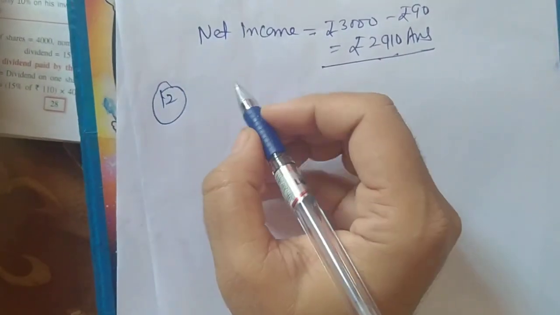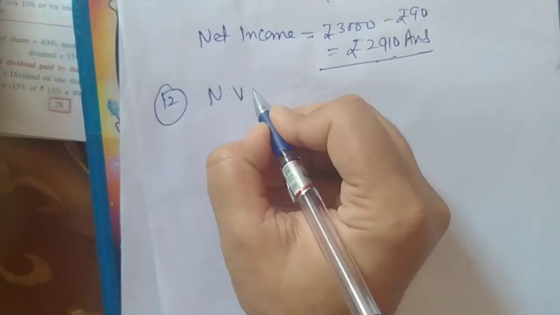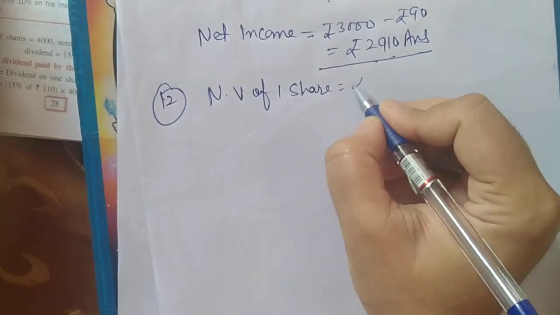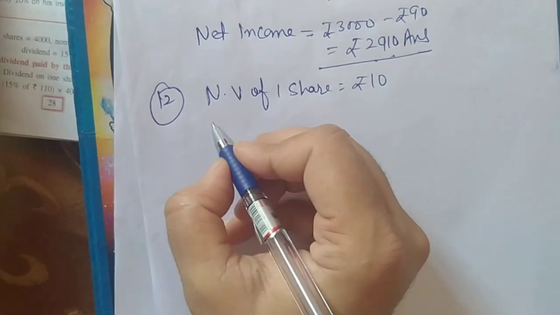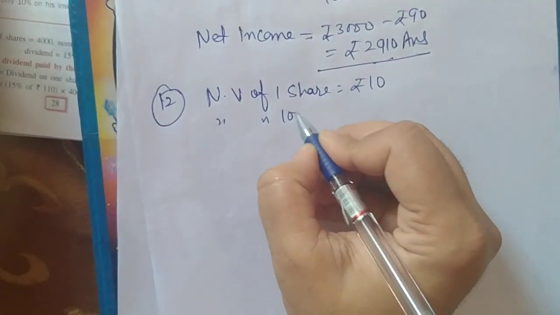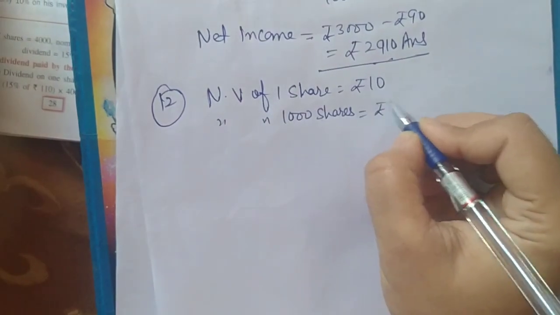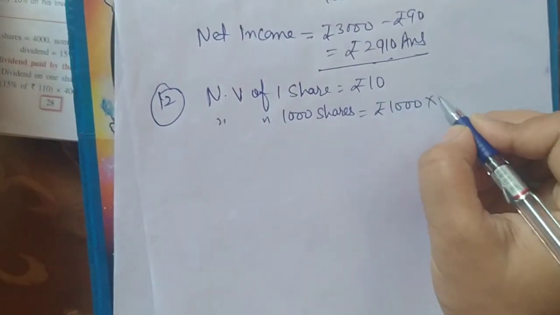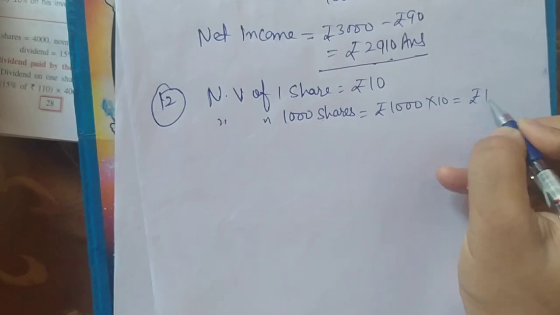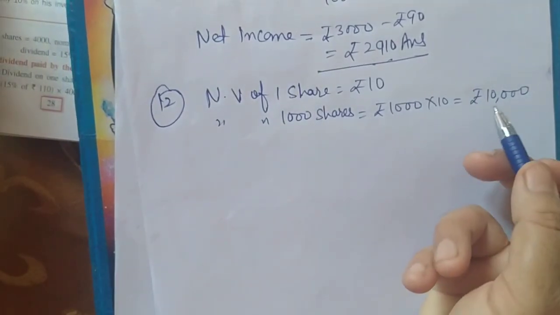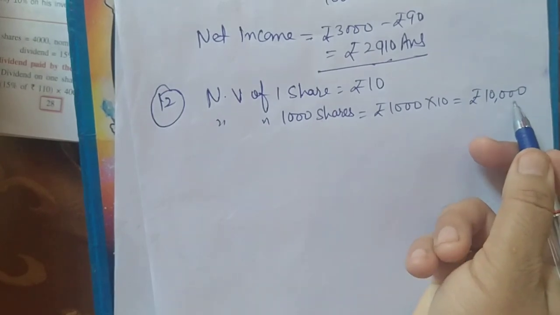Question number 12. The nominal value of one share is equal to rupees 10. Then the nominal value of 1000 shares is 1000 multiplied by 10, which is 10,000. So the person invested rupees 10,000.